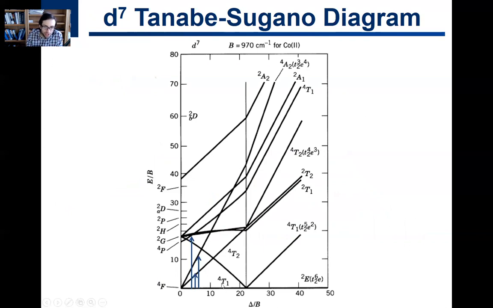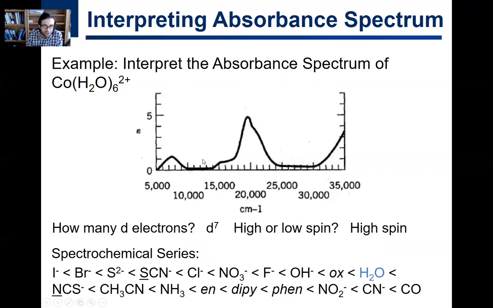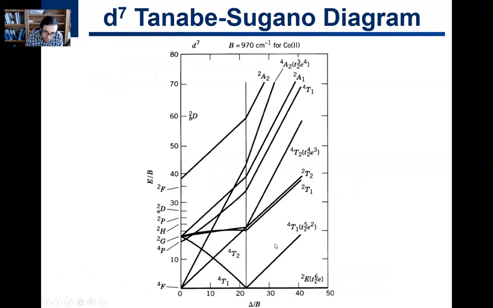But basically, you're going to figure out where you are in terms of energy units by looking at, for example, the ratio between 2 peaks. So one hint for the homework is you can look at your first peak and your second peak, figure out the ratio of the energies between them, and then look at the Tanabe-Sugano diagram and ask yourself, okay, I know these are my 2 first lines for my 2 first transitions.